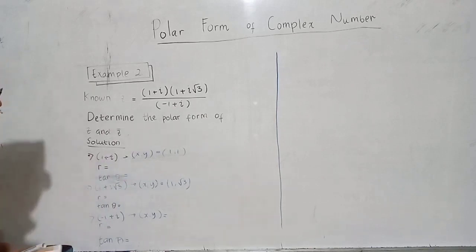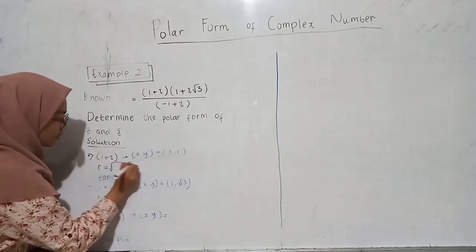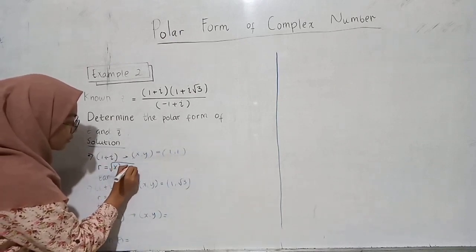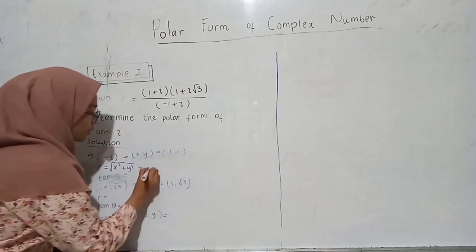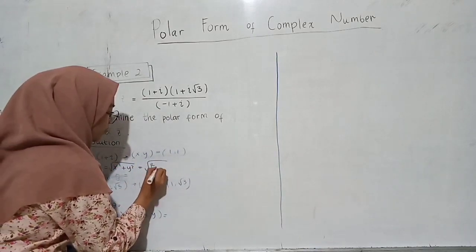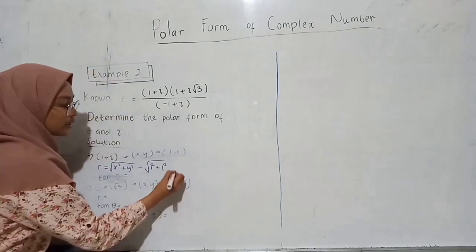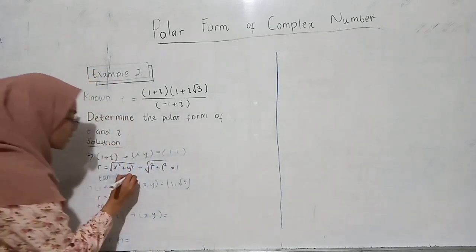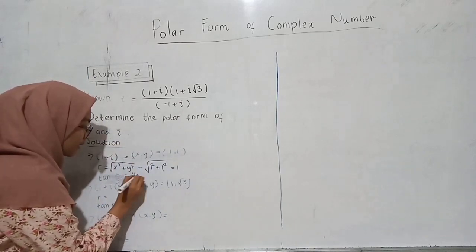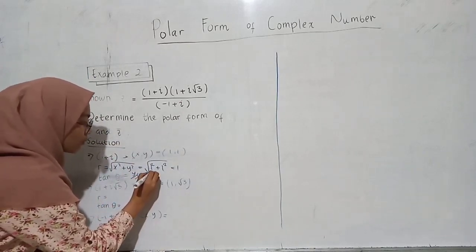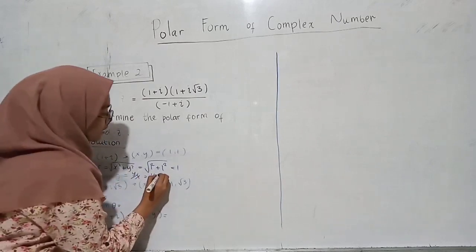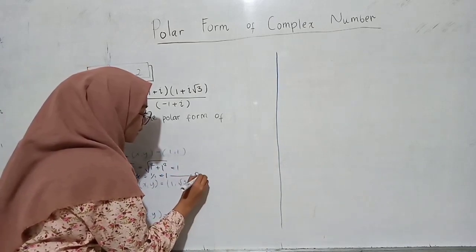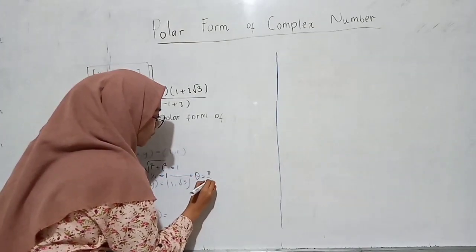So we can get r is the square root of x squared plus y squared, equals the square root of 1 squared plus 1 squared. And we can get tan theta is y over x, which is 1 over 1, so tan theta is 1. So we can get theta is π over 4.